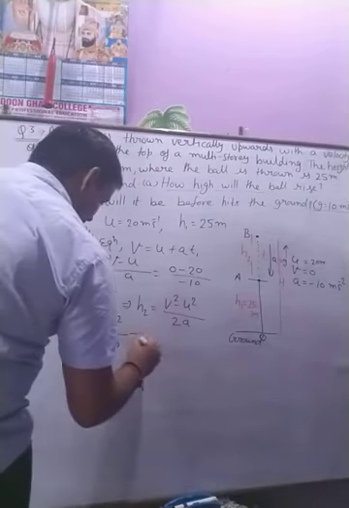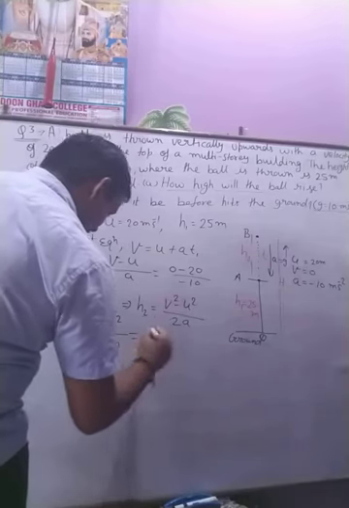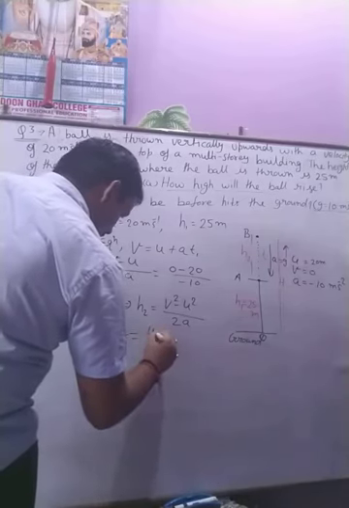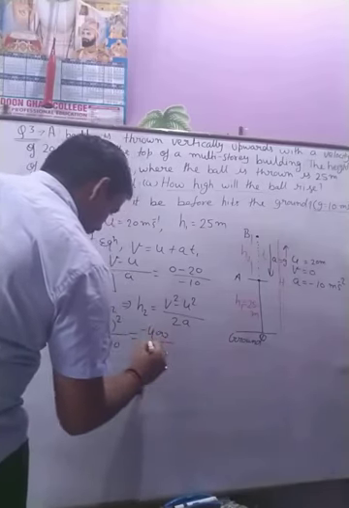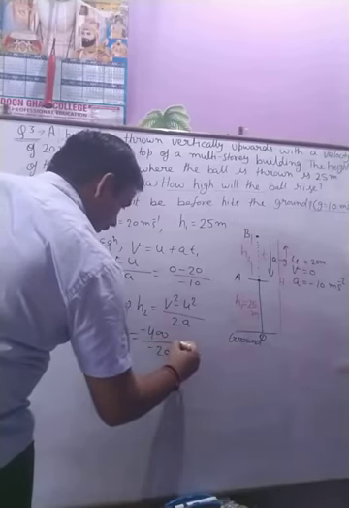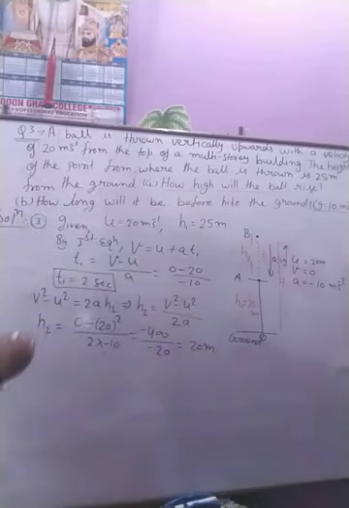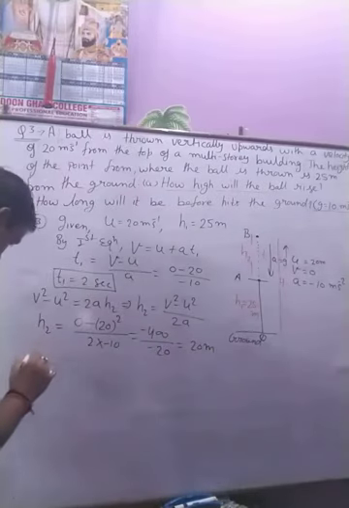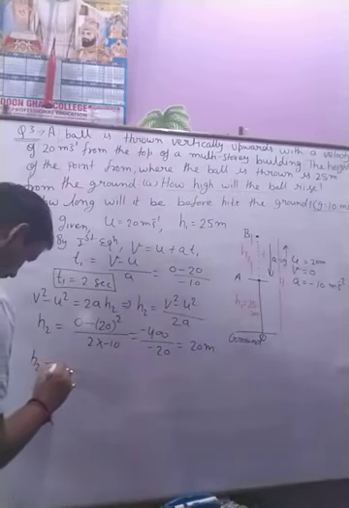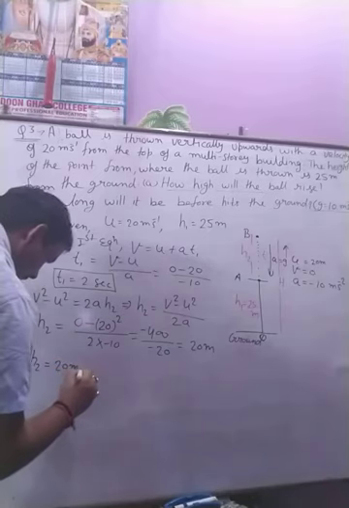We calculate it: minus 400 upon minus 20. So this value is 20 meter high from the point A. So h2 is 20 meter.